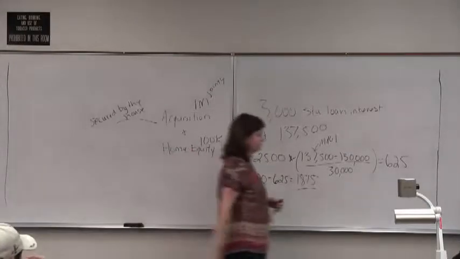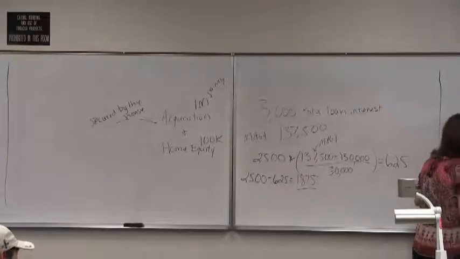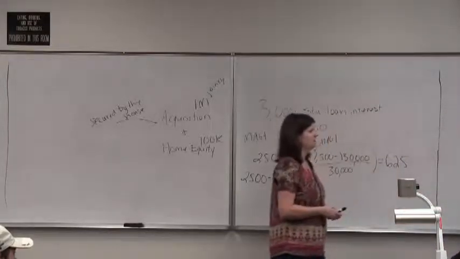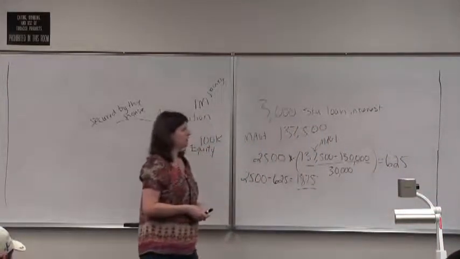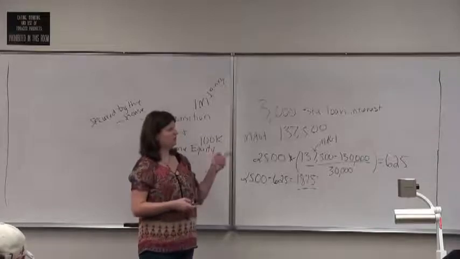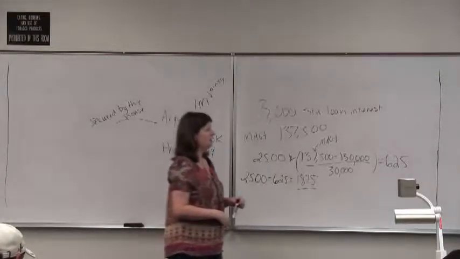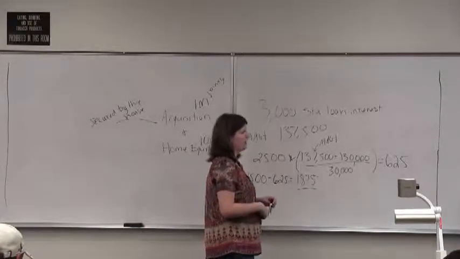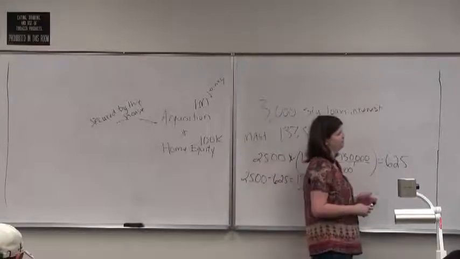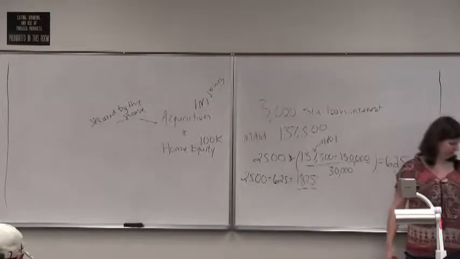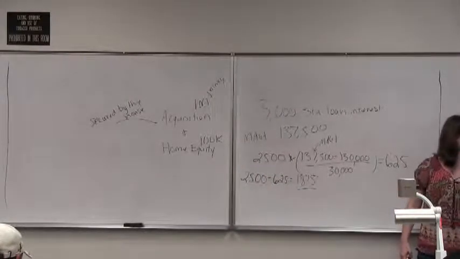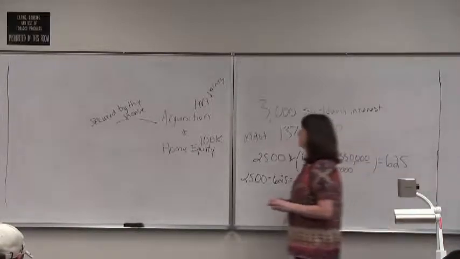Okay. This is probably on the next slide, 38. It has to be $1 million for jointly. It's $500,000 if you're married filing separately. So I said that wrong.